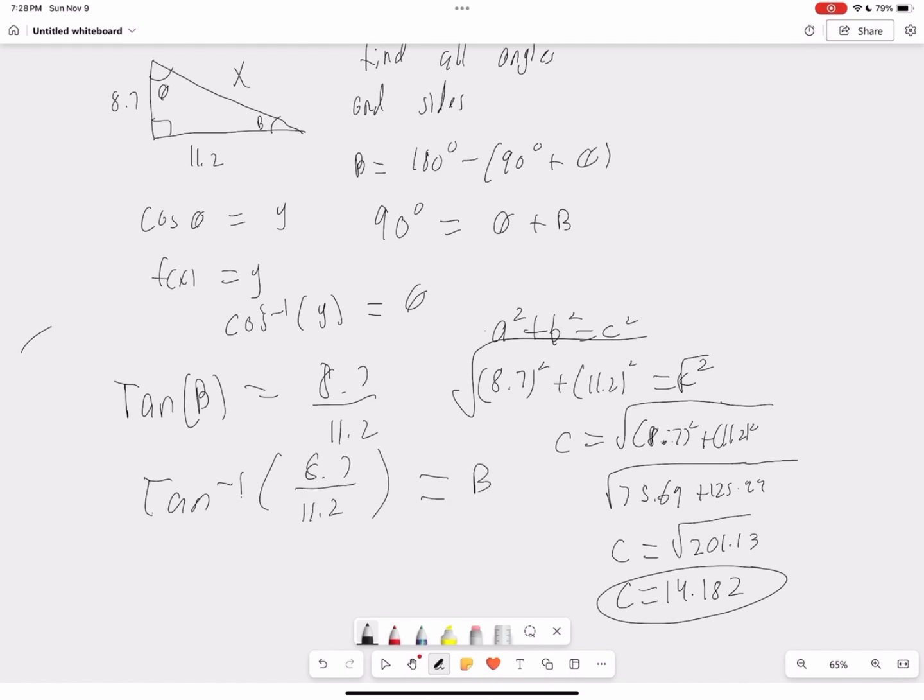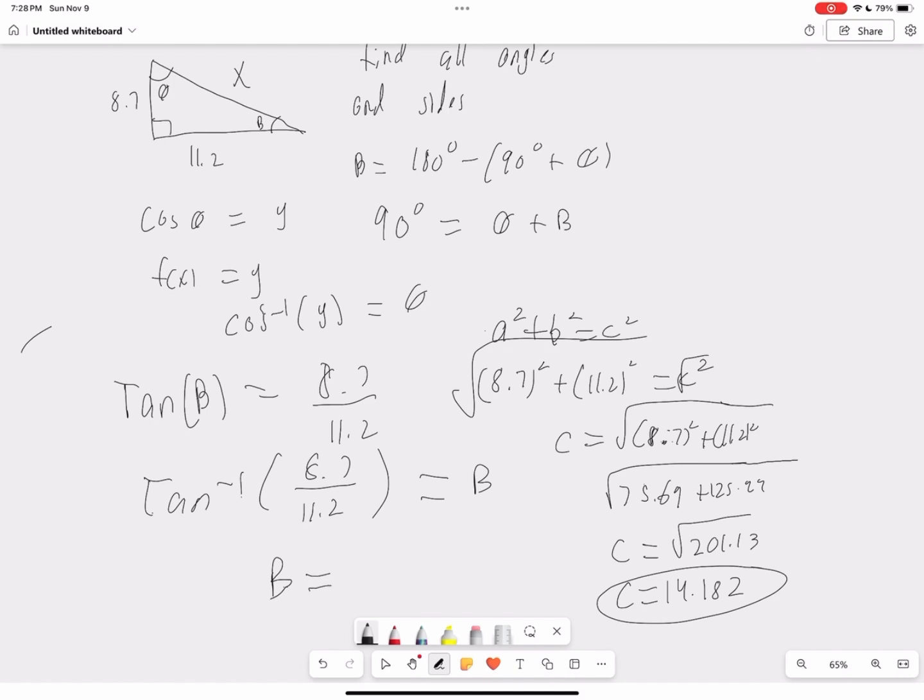So let's use tangent. Tangent of beta is 8.7 divided by 11.2. If we do inverse tangent of 8.7 divided by 11.2, that will give us beta.